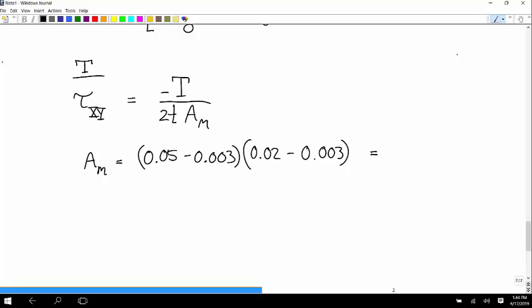And the area is 7.99 times 10 to the minus 4 meters squared. What's the thickness at the point we're looking at? 0.003. It's just the wall thickness at the point where we're looking.